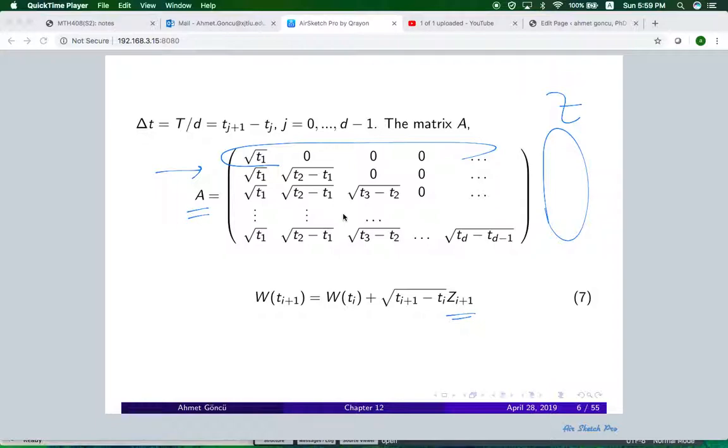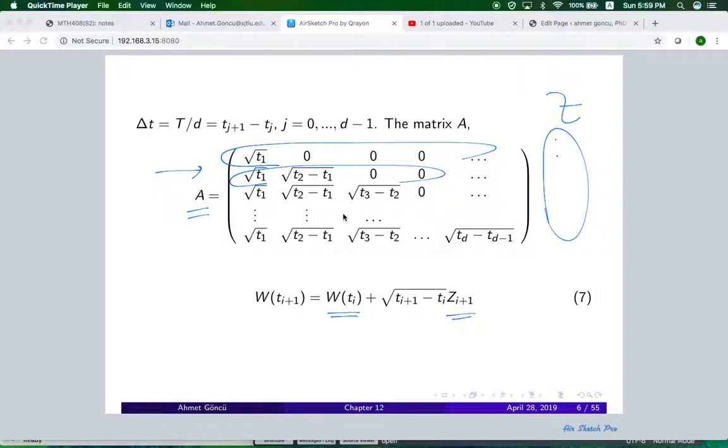So it will be multiplied with the first standard normal we have. So it gives us actually a recursive formula. You can see that if you go to the second row, these terms will be multiplied with the first and the second standard normals, and the first term here corresponds to the previous W_ti that we have simulated.